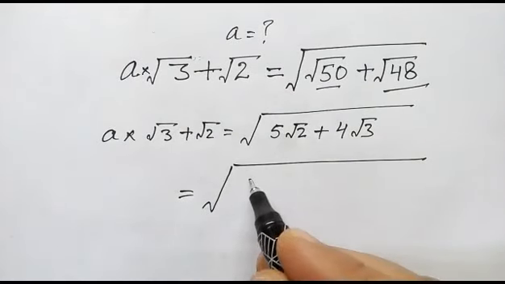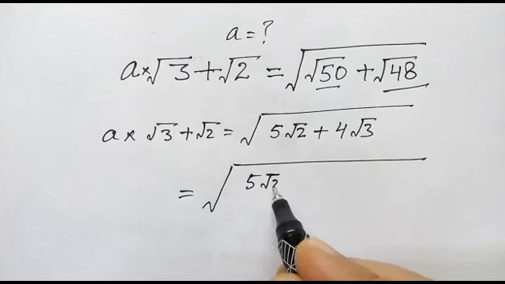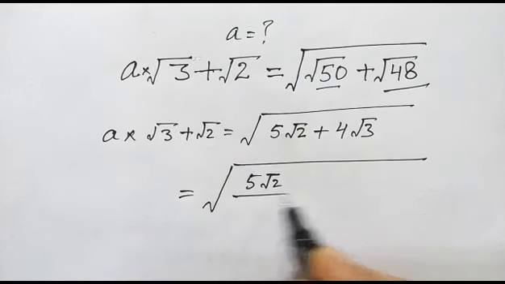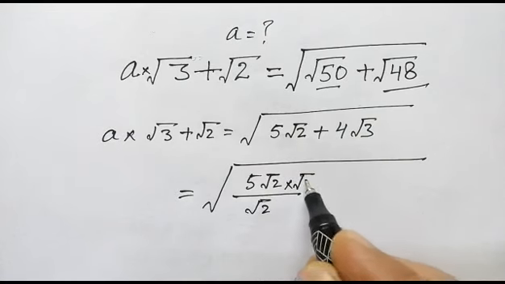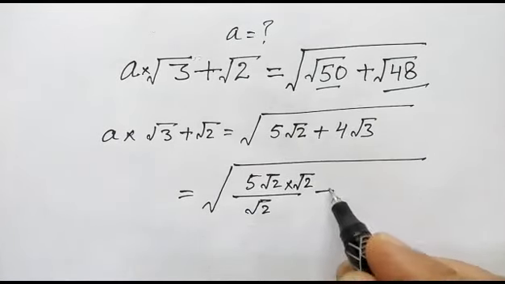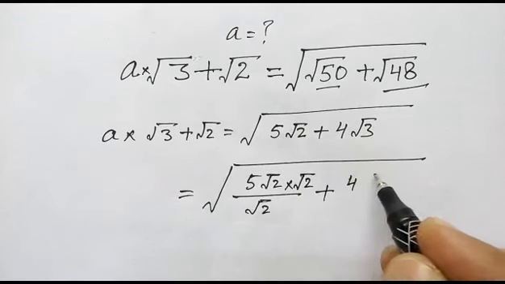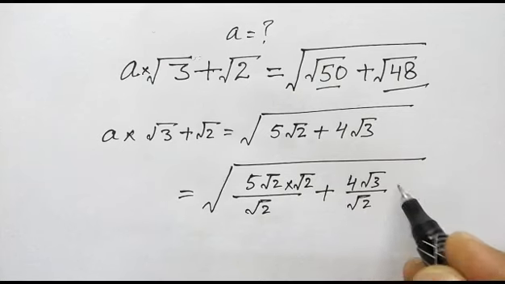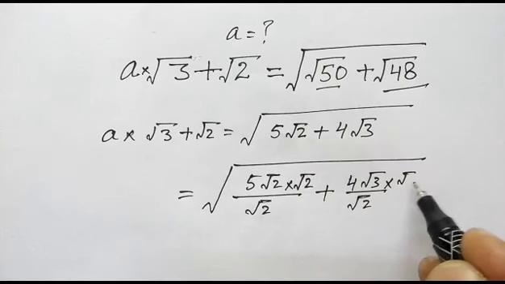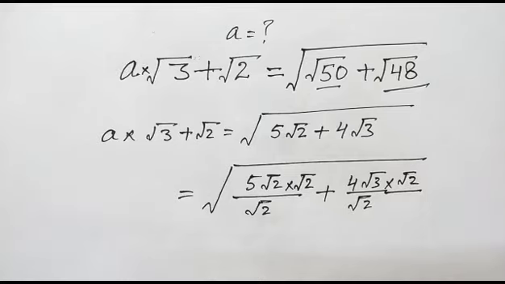If we divide by square root of 2 and multiply by square root of 2, plus 4 square root of 3 over square root of 2 into square root of 2, right?